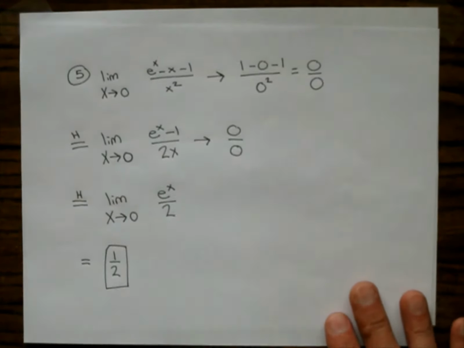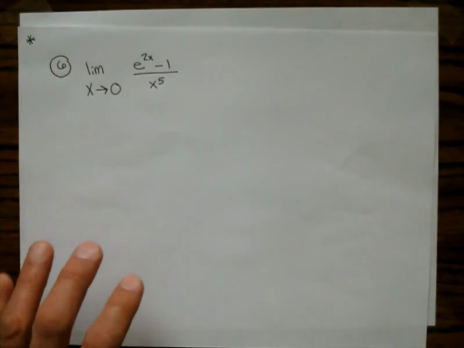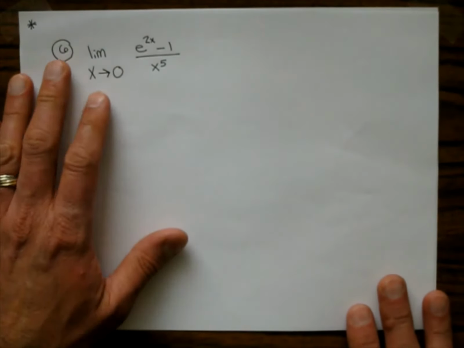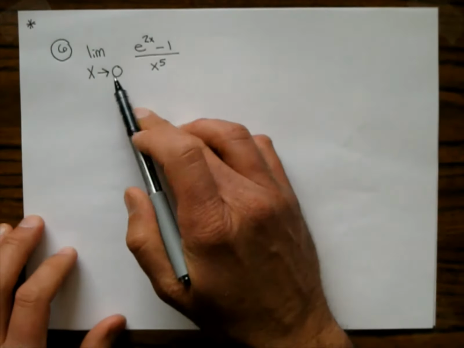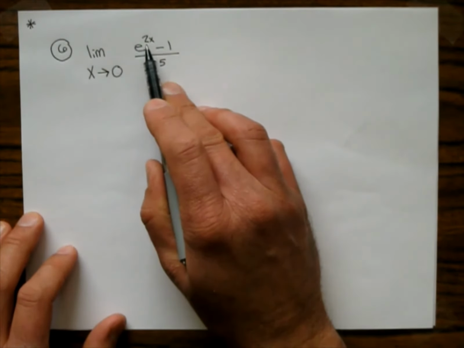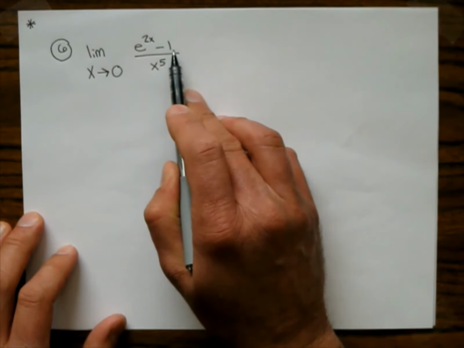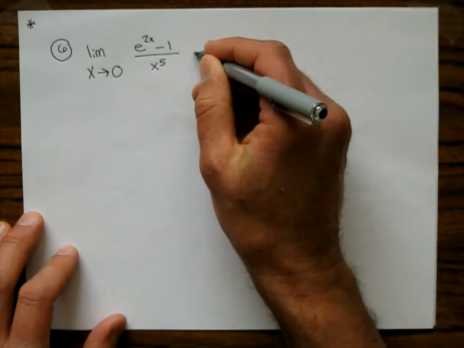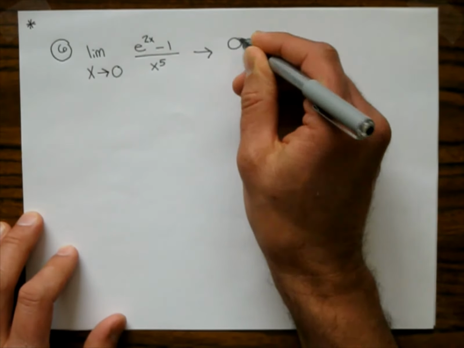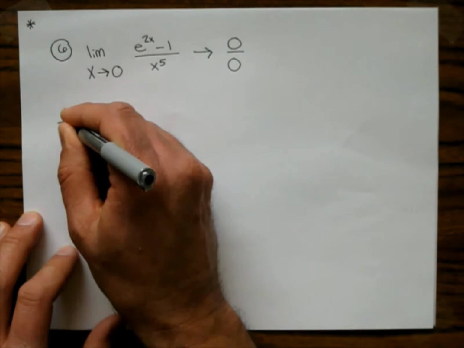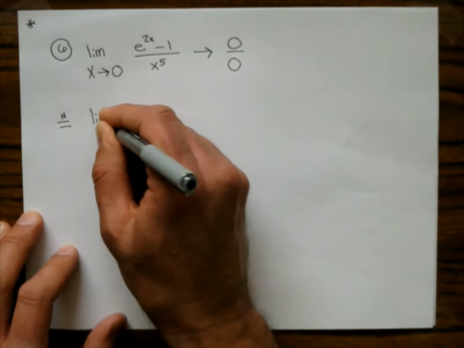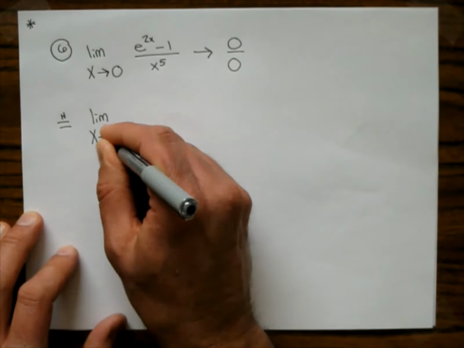Okay, let's go ahead and do another problem. There's a star up there, and I'll tell you why the star is up there, but for now let's just do this problem. So we put 0 in and we get e to the 0, so that's 1 minus 1. That's 0 on the top and 0 on the bottom. So I'm going to apply L'Hopital's rule. This is going to give me the limit as x approaches 0.